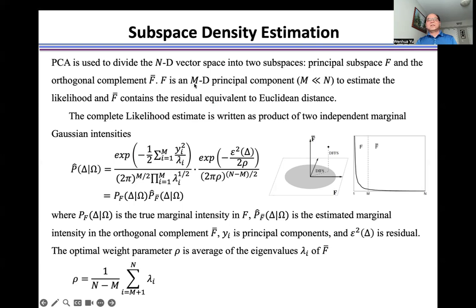F is the m-dimensional principal component subspace used to estimate the likelihood, and F bar contains the residual, equivalent to the Euclidean distance.